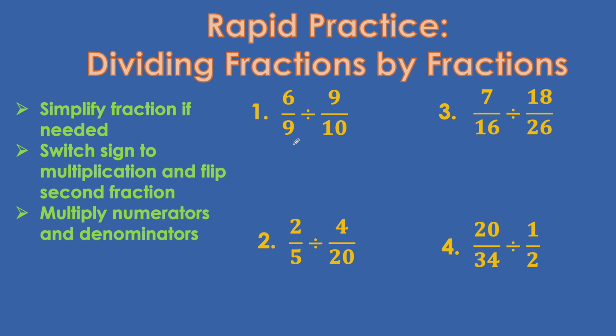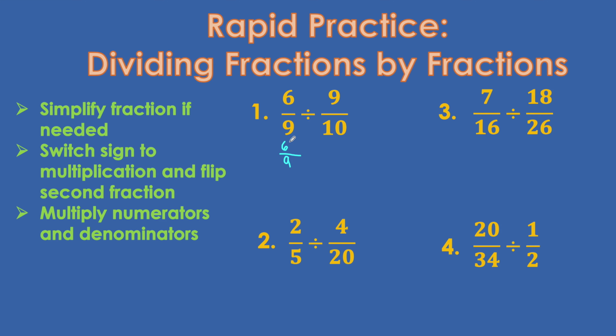The first problem, we have 6/9 divided by 9/10. First step, you want to simplify the fraction. See if any of these fractions can be simplified. The first one can. So let's just rewrite this. 6/9.